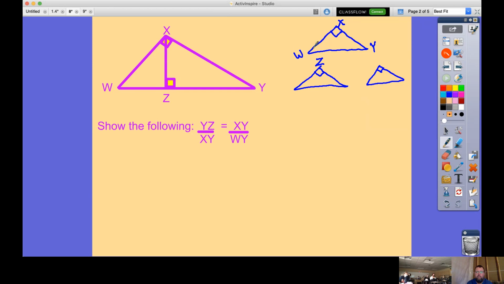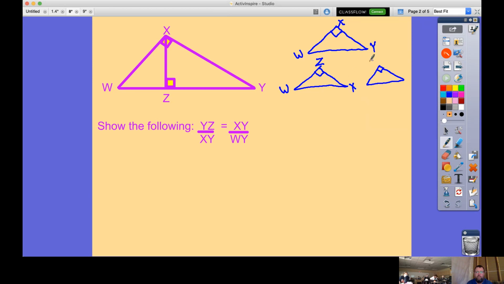From there, we know angle W is on this side. Well, it's still in the same spot for the left one. So this has got to be a W here. And that means X has to be over here. So the Z and the X just kind of flip. This kind of flips upside down there.